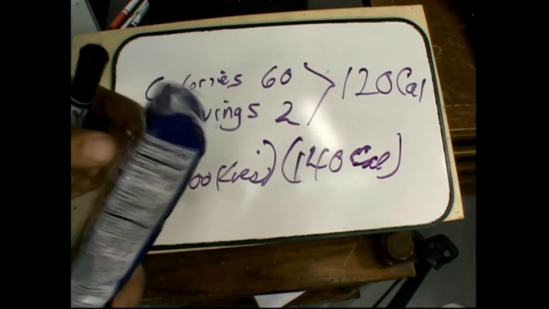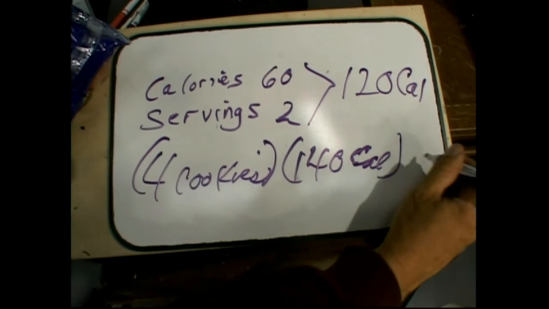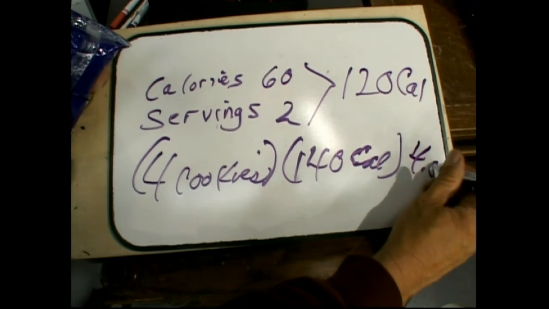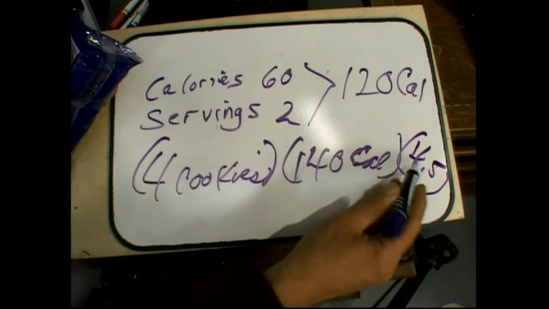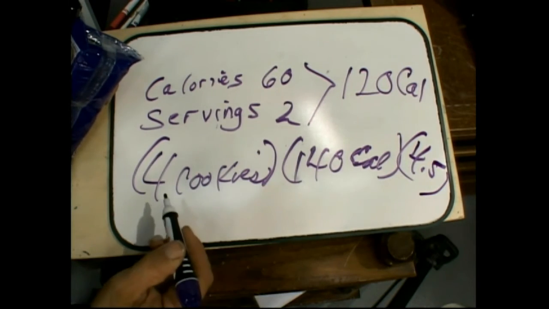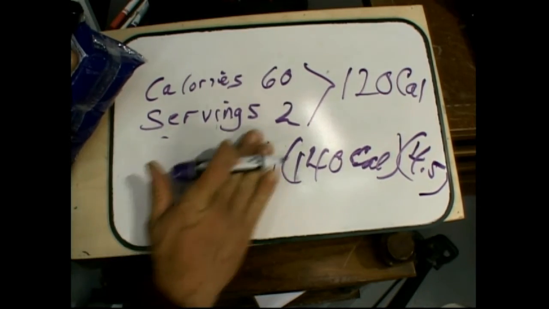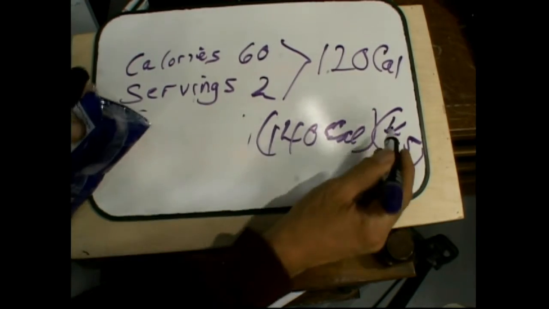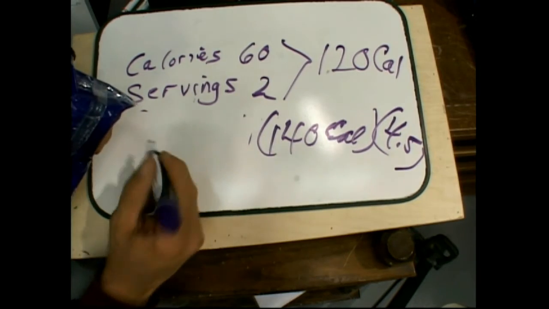So what you look at is the total number of servings, 4.5. So we're multiplying that times 4.5 also. 4.5 times 140. Because we don't need the cookies now. We want 4.5. 4 times 100 is 450.